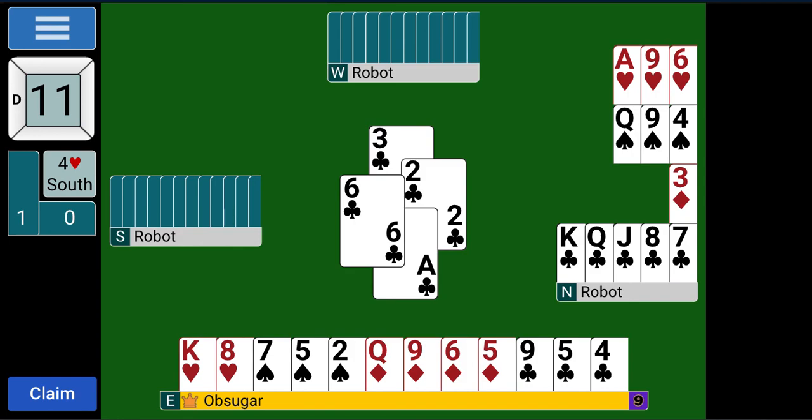Now look at the club suit and tell me the distribution of the clubs. And on a confidence level of 1 to 10, how confident are we that that is a stiff, and why?